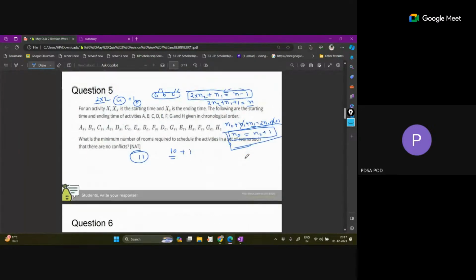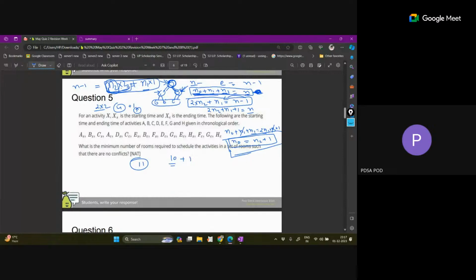Okay, so the next question is this: a chronological order is given for the activities or meetings. AS is representing start time, and AE is representing end time for the activity.